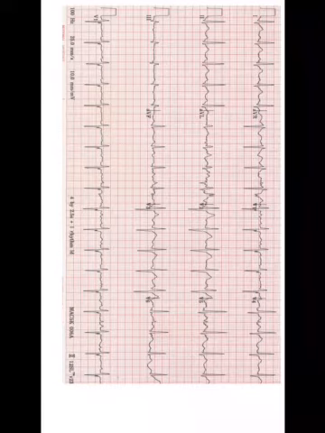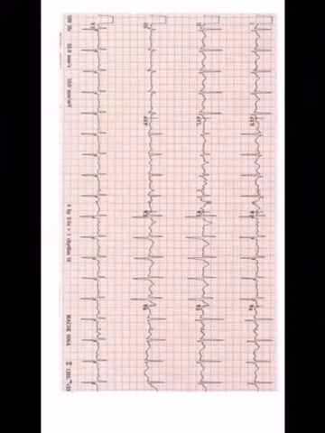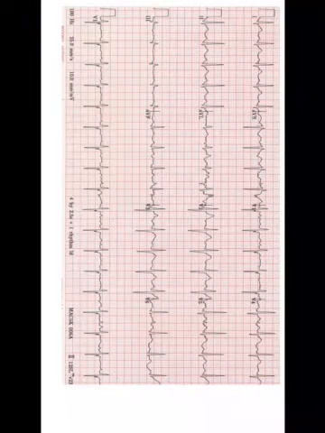There really is no right or wrong way to interpret the 12 lead, whether you look at leads V1 through V6 first, or whether you look at leads 1, AVL, V5, V6, your lateral leads, or your inferior leads. There's no right or wrong reason.